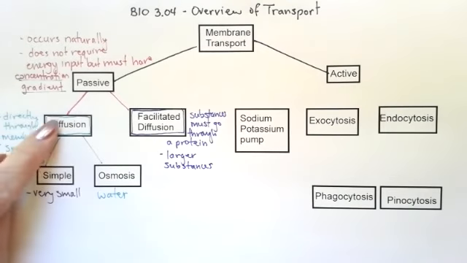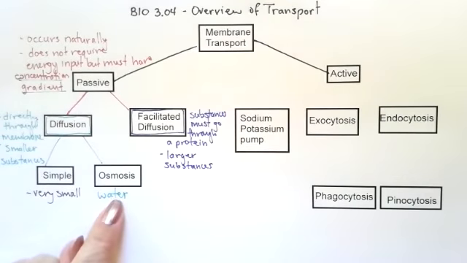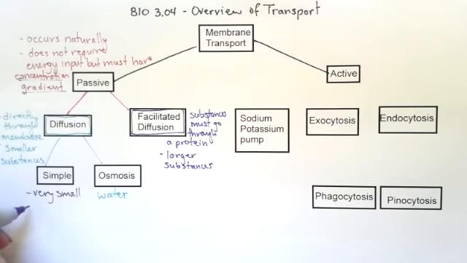So there are 3 compounds that can get through, and osmosis, water gets its own category. We call that osmosis. But think about one of the things we haven't focused on a lot yet, the compounds that we need to stay alive. If you held your breath for too long, you'd pass out. But if you couldn't get your breath, why would it eventually kill you? Because you don't have oxygen.